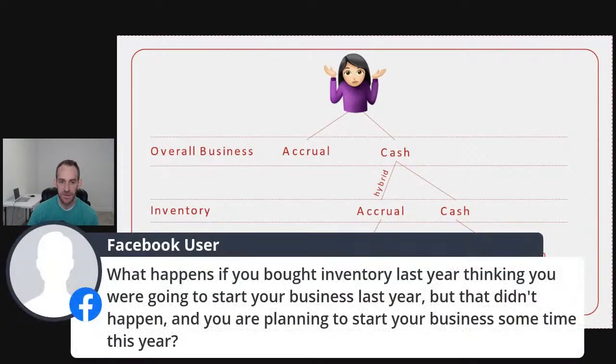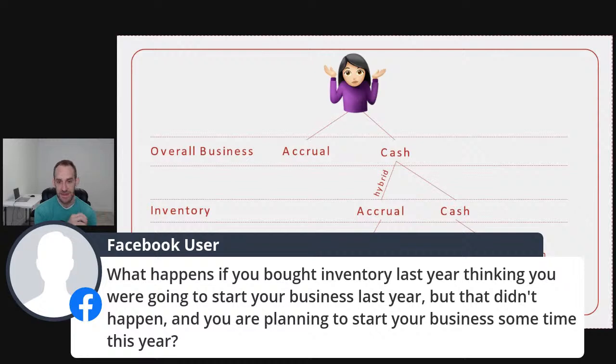Okay, one more question, then we'll move on. What happens if you bought inventory last year thinking you were going to start your business last year, but that didn't happen, and you're planning to start your business sometime this year? If you're using the accrual method for inventory, it wouldn't make a difference because you won't deduct that inventory until you sell it.